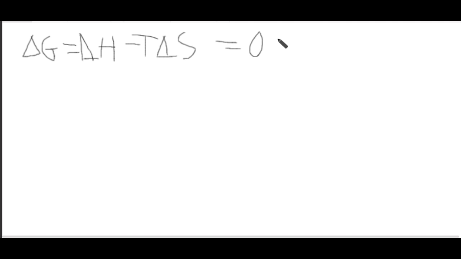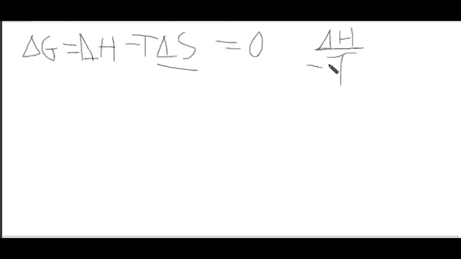So our rearrangement from here is we want to find delta S. So delta H, which would be negative when we move it over here, but we have a negative sign coming with the T, divided by temperature.